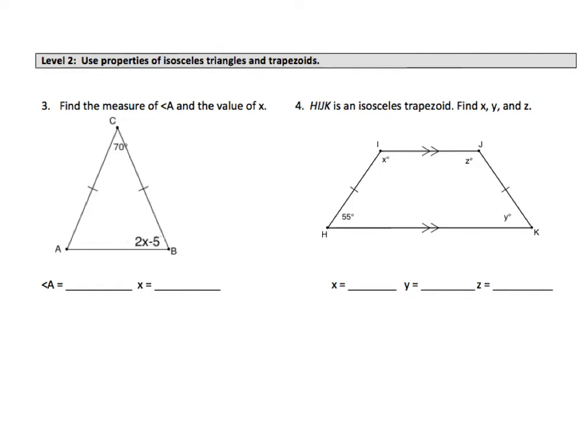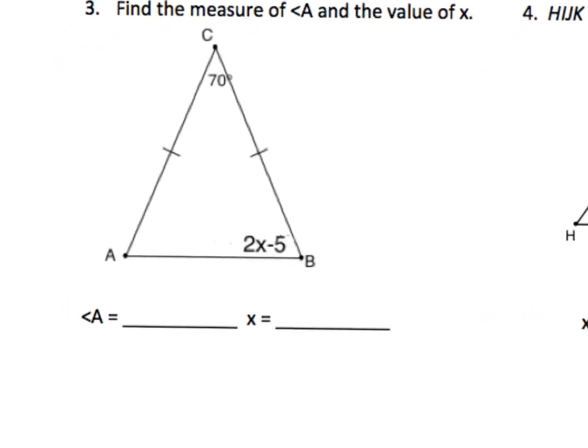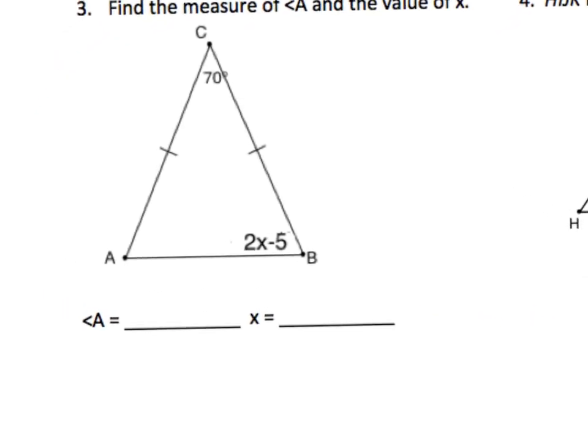Remember, isosceles triangles mean that we have two congruent sides and then two congruent angles. How I find the angles is I trace, let me use a different color here, the sides that are congruent. The ones with these little tick marks are the ones that are congruent.